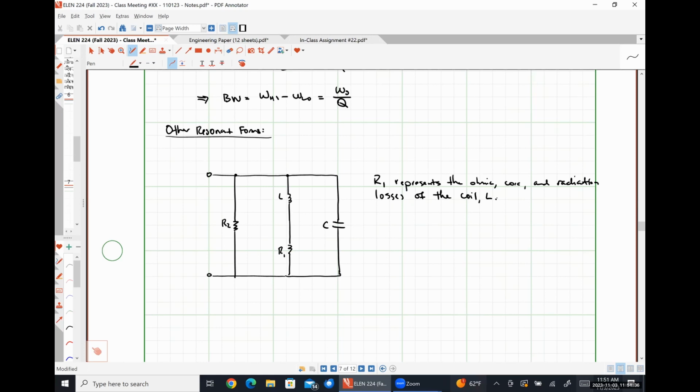So we are going to have some ohmic losses that are represented usually by resistance, because we know that resistors convert electrical energy into heat energy.